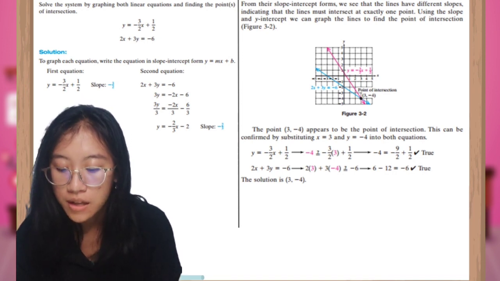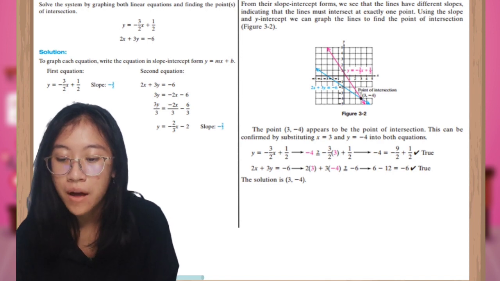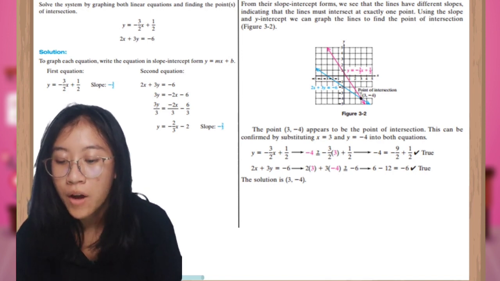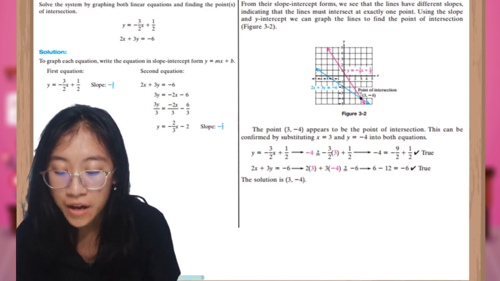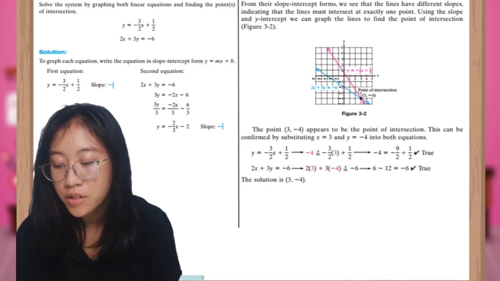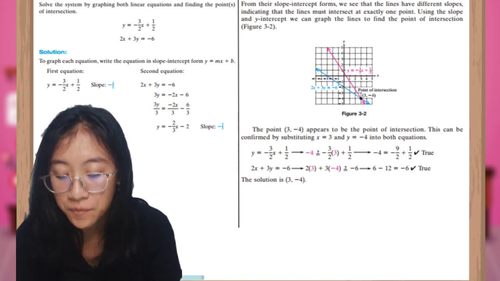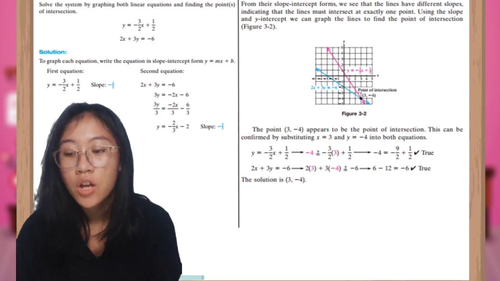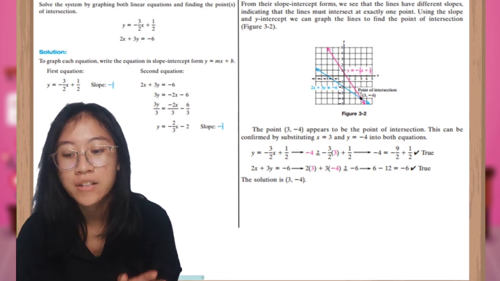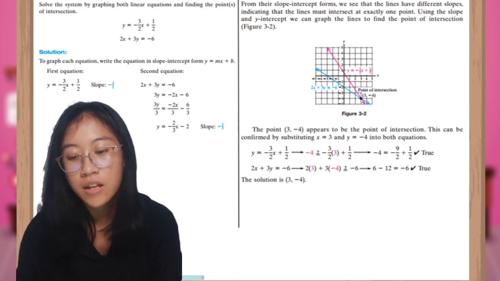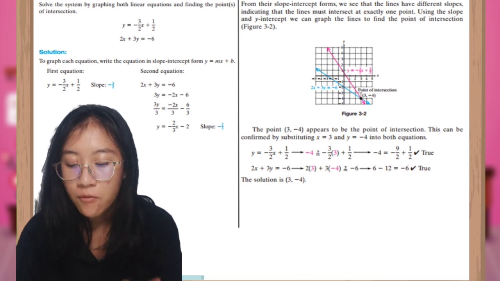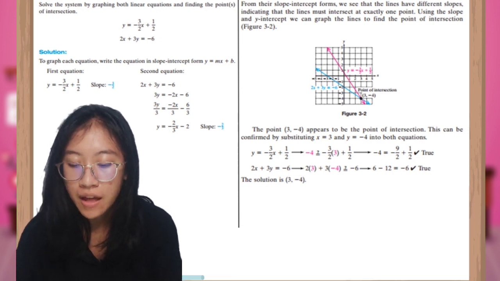y equals negative 3 over 2 x plus 1 over 2. 2x plus 3y equals negative x. For the solution, to graph each equation, write the equations in slope intercept form, y equals mx plus b.